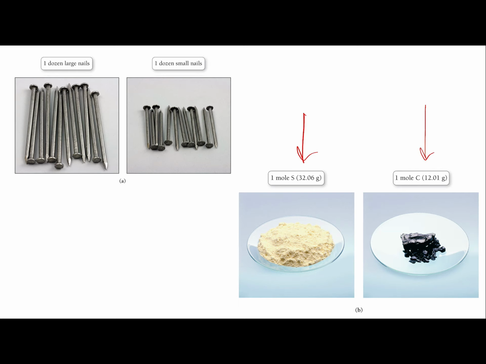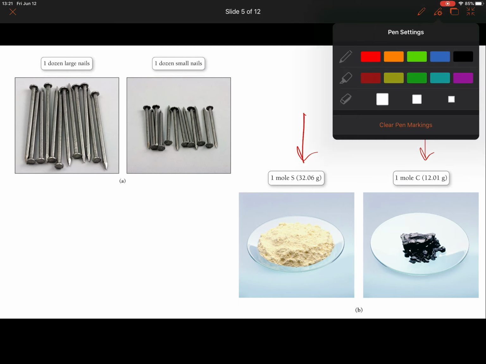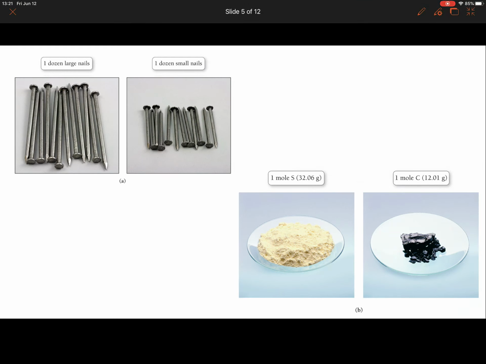Now, let's talk about the difference between molar mass and atomic mass. A molar mass is the weight of a mole of a substance. Molar mass is usually given in grams. You can see both of these shown here are the molar masses, 1 mole and grams.